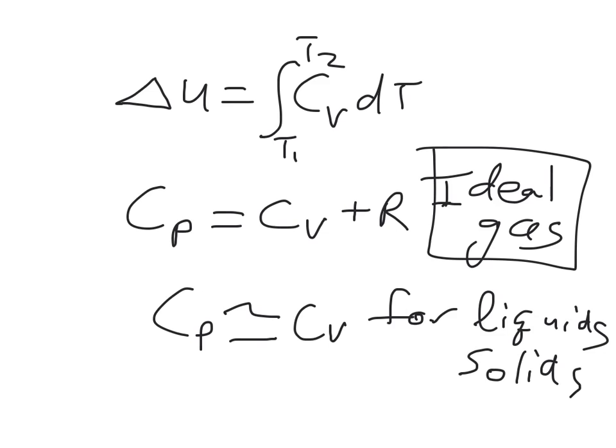However, for gases, that's not necessarily the case, and for an ideal gas, this is the relationship. So now we have a way to deal with changes of energy, whether internal energy or enthalpy, based on temperature changes using these integral equations for heat capacity.